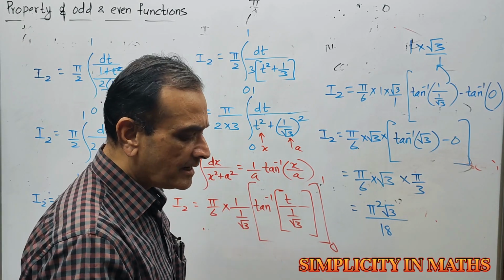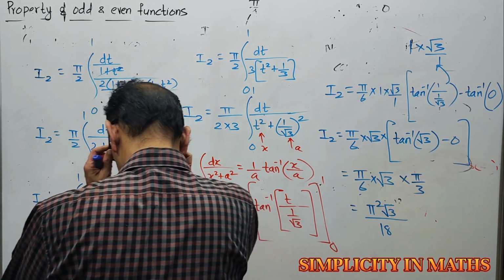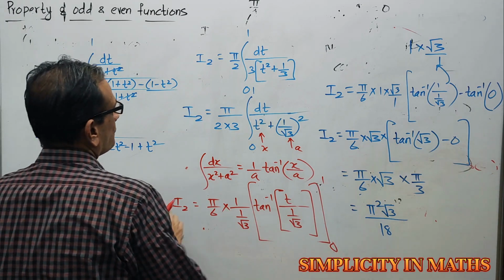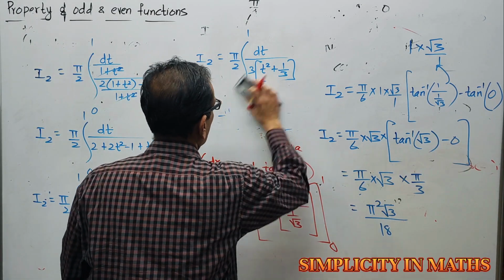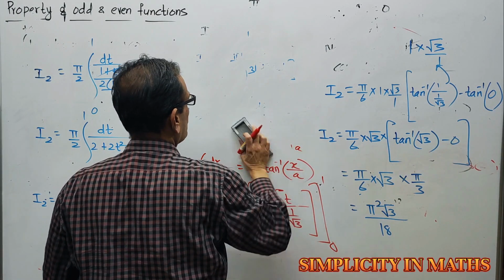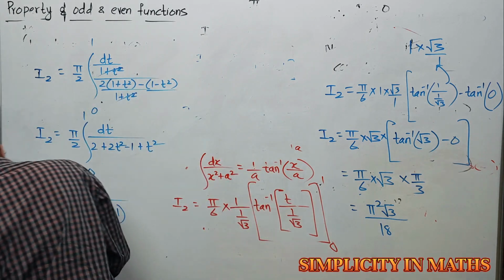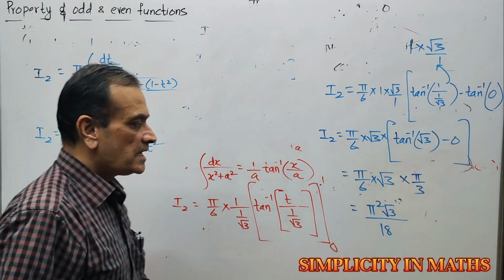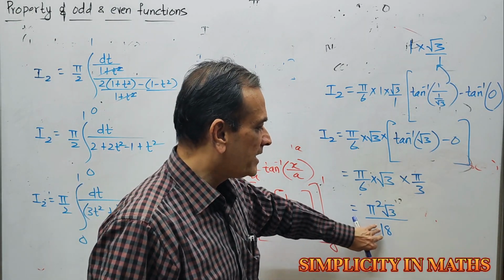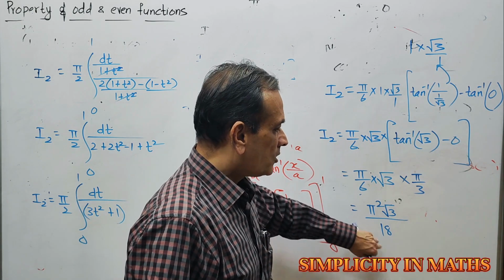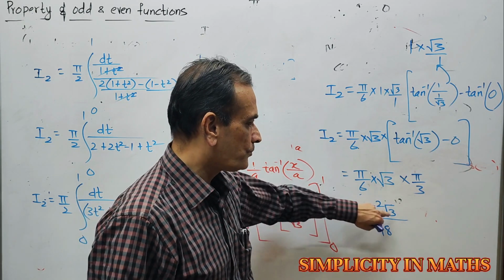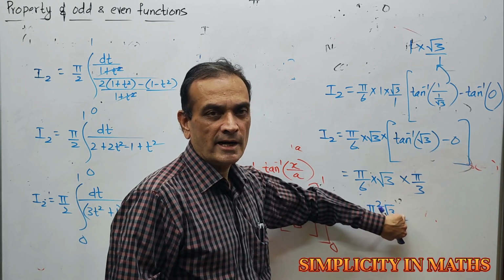So how will we rationalize? See, even if you keep the answer this way, it won't be marked wrong. Okay, because in most sums usually a root sign is allowed in the numerator.